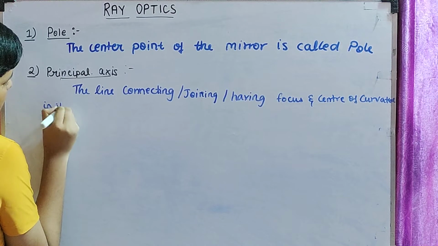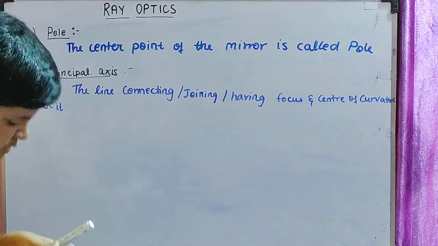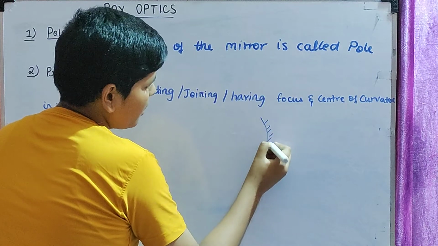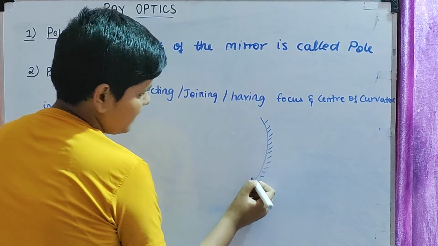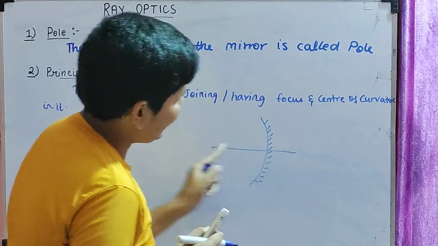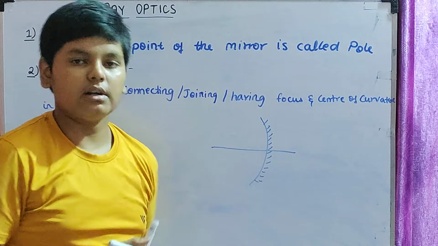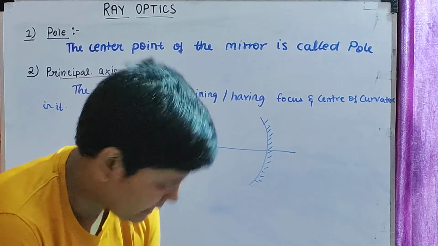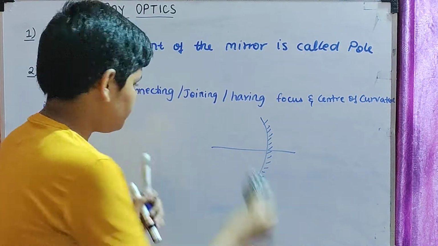It is called the principal axis. I will discuss what focus and center of curvature are now only. But here this line, we always draw one line like this, right? This line is called the principal axis. On this principal axis only all the objects are kept.